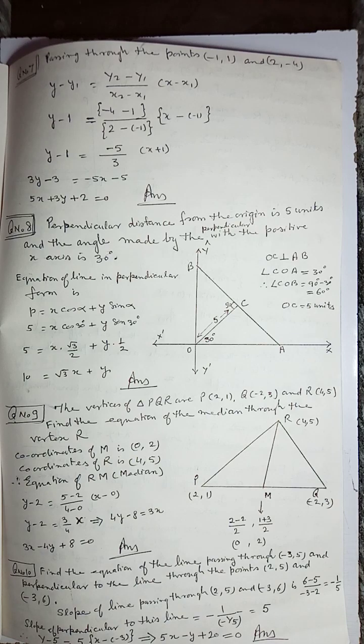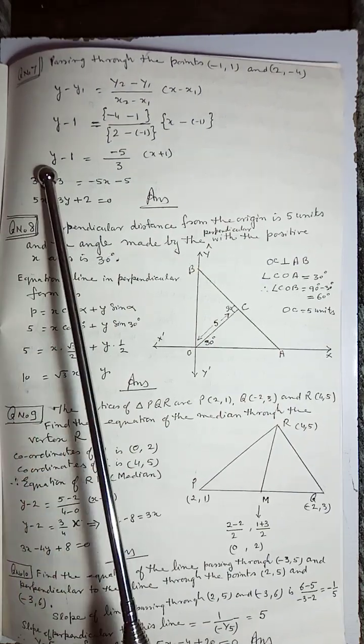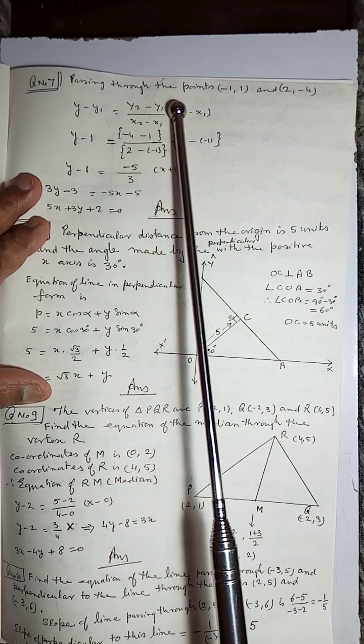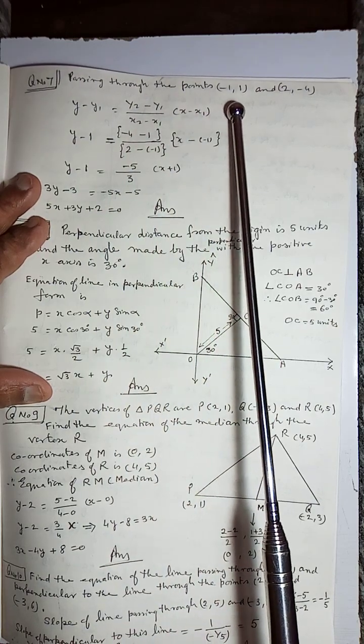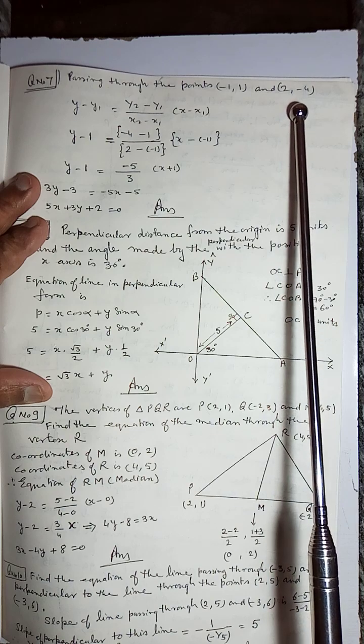CBSE Mathematics Class 11th, Chapter 10, Exercise 10.2, Question number 7. We have to find the equation of the line passing through the points (-1, 1) and (2, -4).